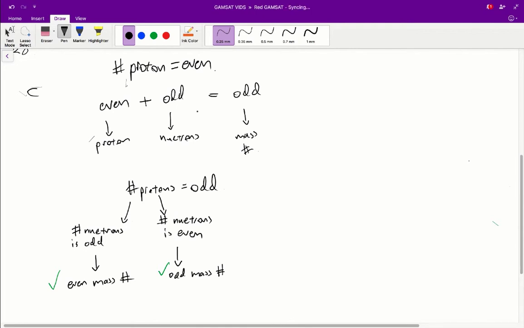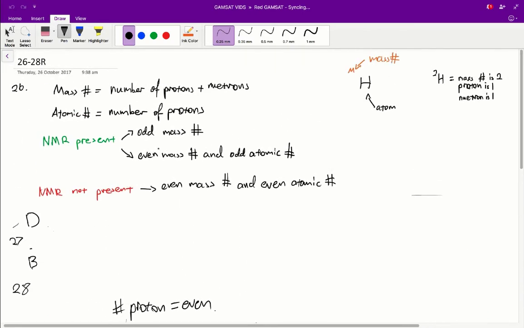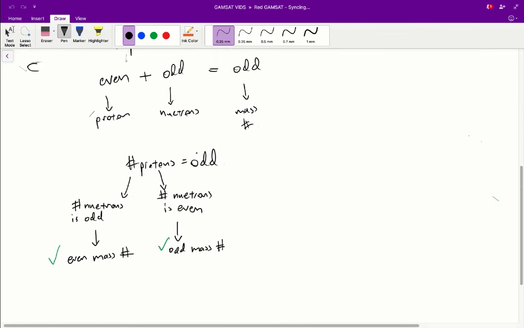Now, why is D incorrect? D is incorrect not because the answer in itself is wrong, but because there is another possibility. It doesn't always have to occur this way. If the number of protons is odd, from before, we know that one pathway for us to get NMR is for there to be an even mass number. So if our number of protons is odd and our number of neutrons is odd, then we'll get an even mass number, and NMR will be present.